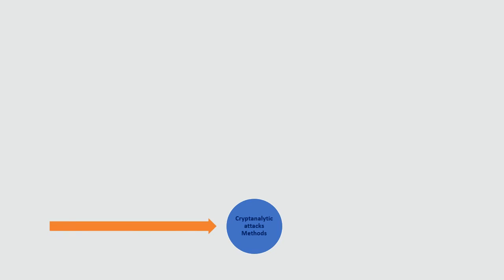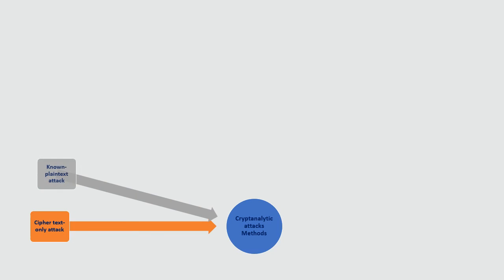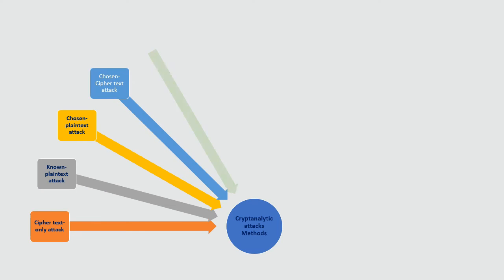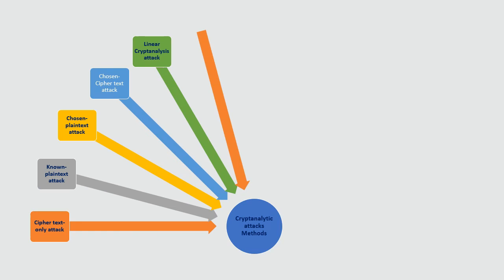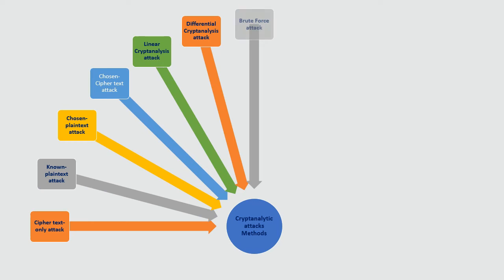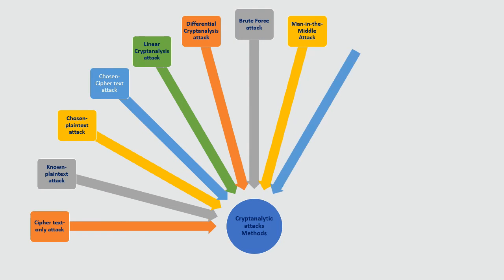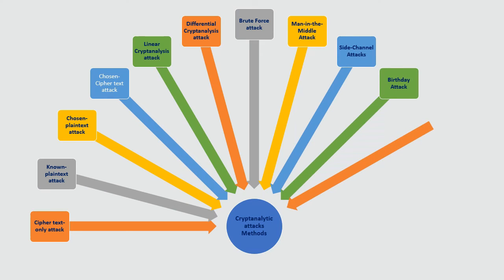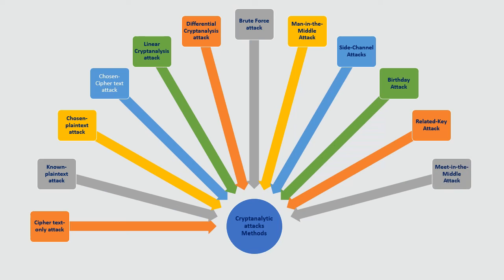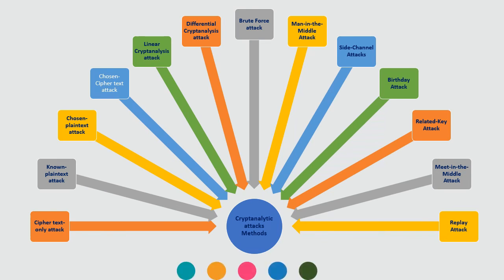Cryptanalytic attacks methods are: ciphertext-only attack, known plaintext attack, chosen plaintext attack, chosen ciphertext attack, linear cryptanalysis attack, differential cryptanalysis attack, brute force attack, man-in-the-middle attack, side-channel attacks, birthday attack, related key attack, meet-in-the-middle attack, replay attack.